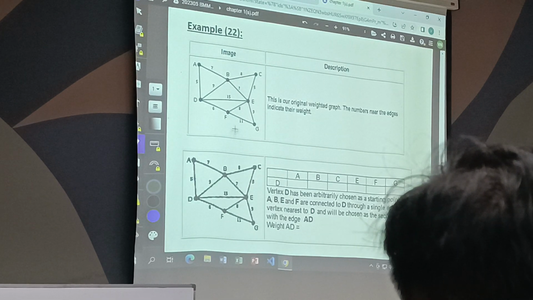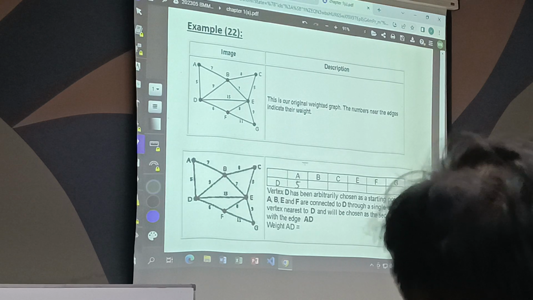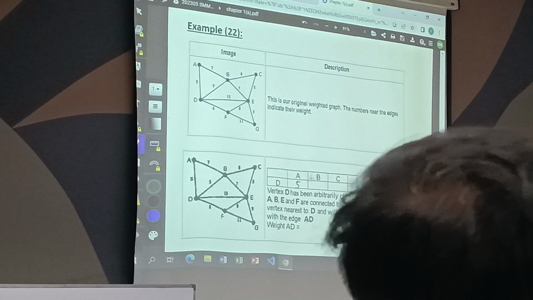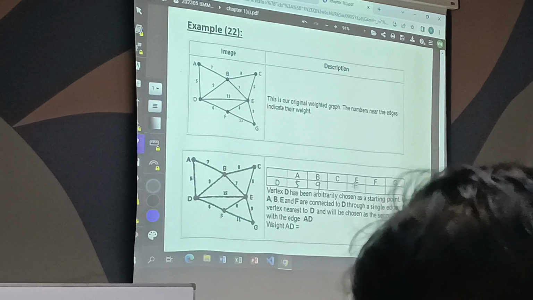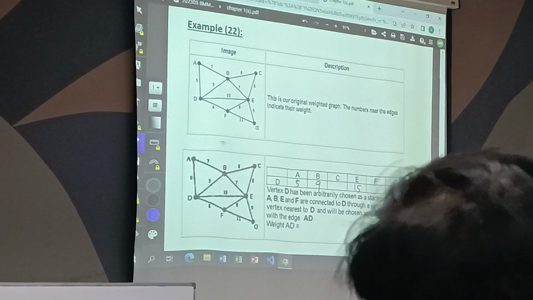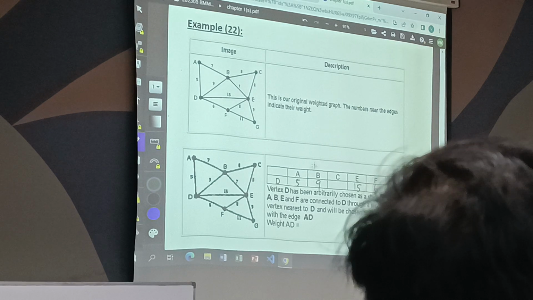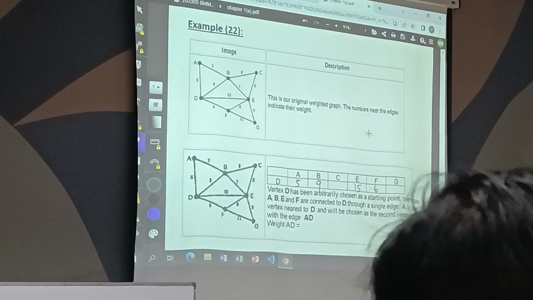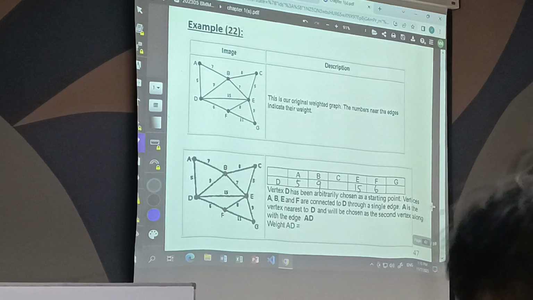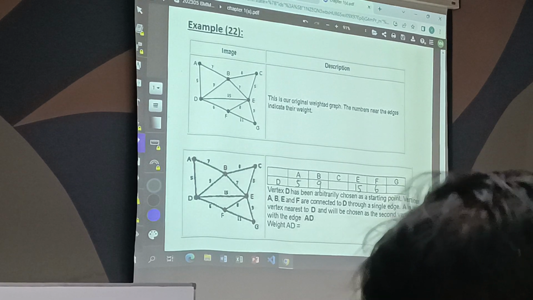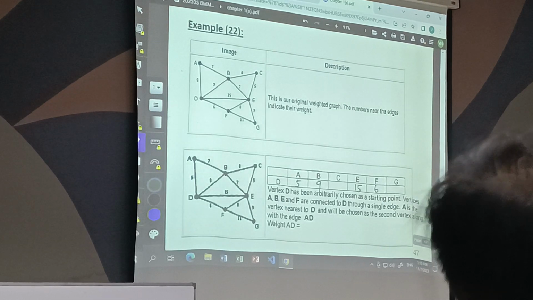So you need to write out the weight from D to A, which is 5, D to B, which is 9, D to E is 15, and D to F is 6. Only 4, right?